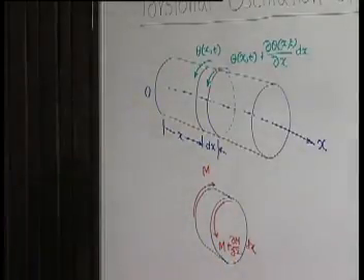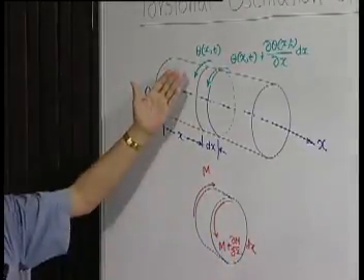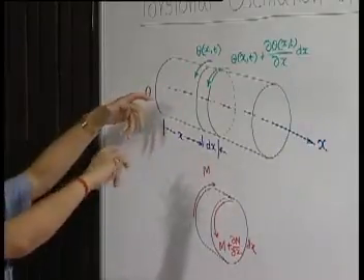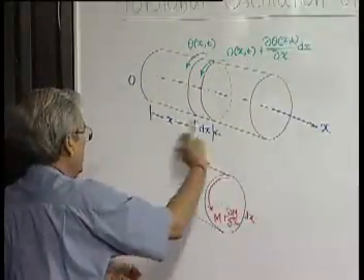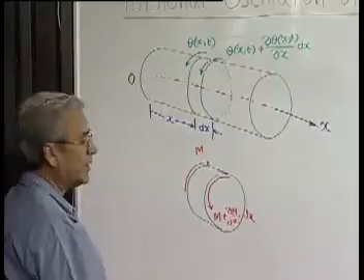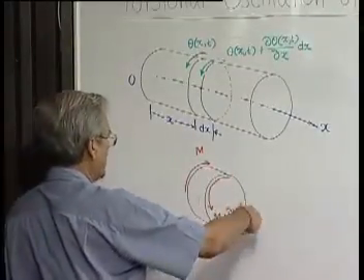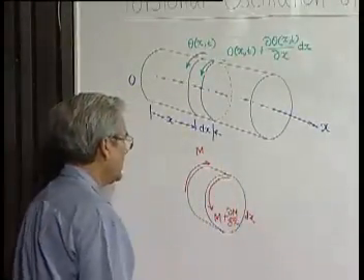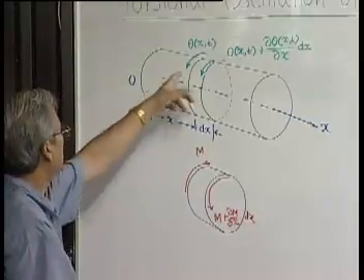So there will be two moments, one on this face: because of the twist, this face will be subjected to a resisting moment and this face will be subjected to a moment in the positive twist direction, like theta.